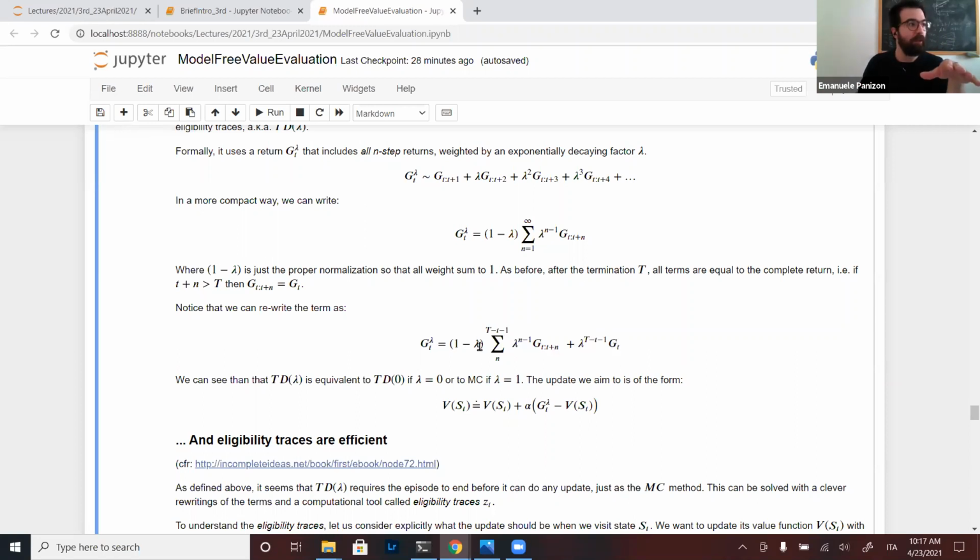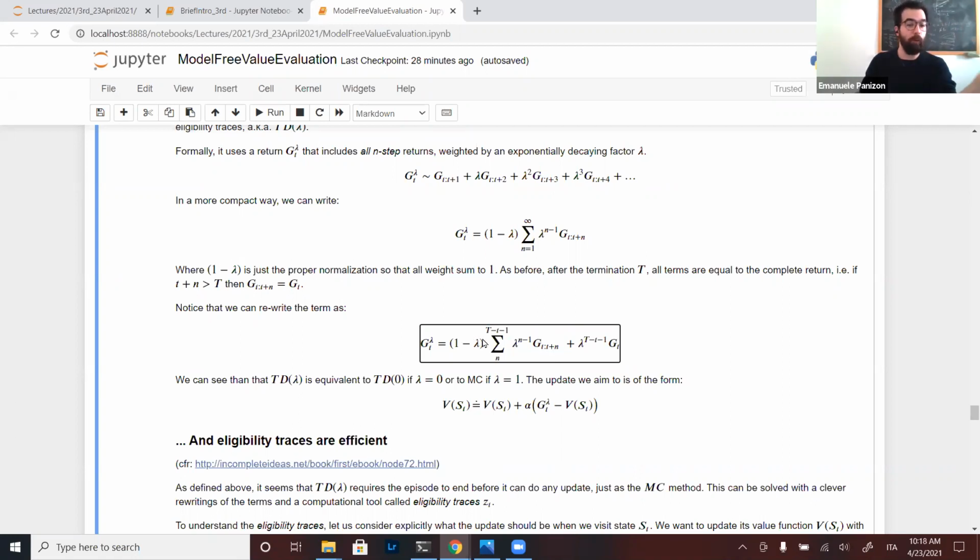If you split them like this, you can see that if you put lambda equals 0, then of course the second term dies, and all the terms with lambda to the n minus 1, for n more than 1, die, and only one term remains, which is G_t:t+1. So if lambda equals 0, the return is the one-step return.